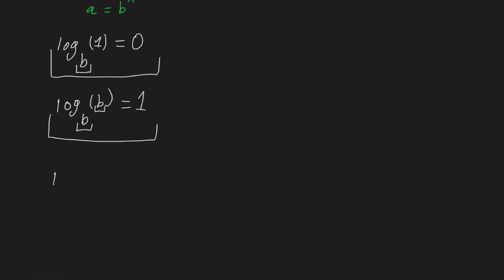Next, we're going to move on to some of the more complex rules. That is, if I have log base b of some number m times some number n, then that is equal to log base b of m plus log base b of n.